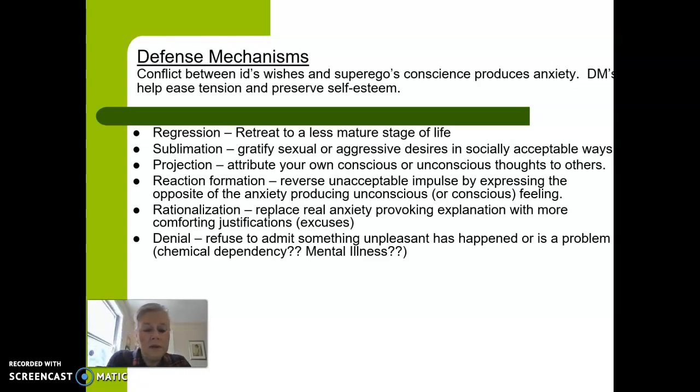It's possible that you live with a family member who has a chemical dependency problem, and it is possible that you live with a family member who has mental illness. The problem with both of these, chemical dependency or mental illness, is that a lot of times we want to deny that something unpleasant is happening or is a problem. It might be ourselves, it might be a loved one.